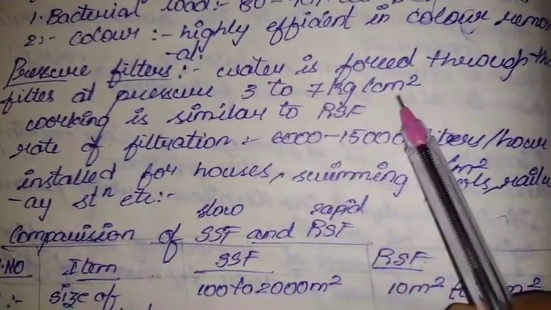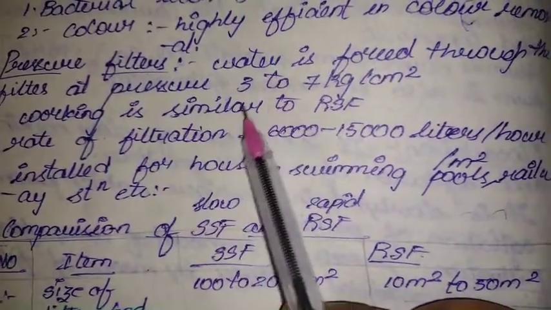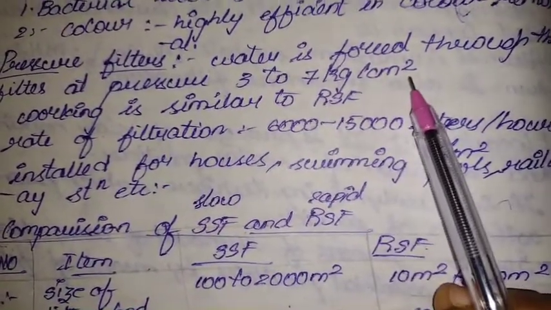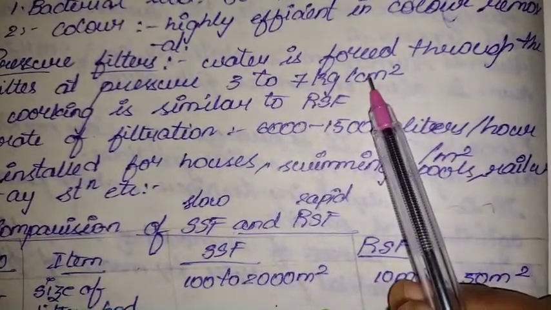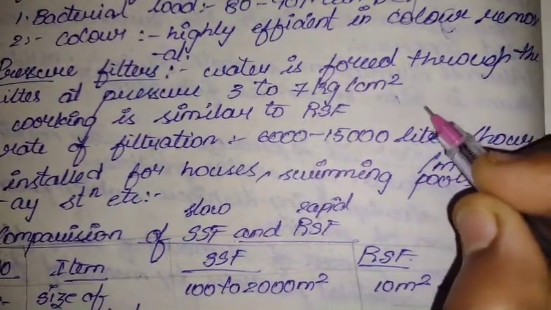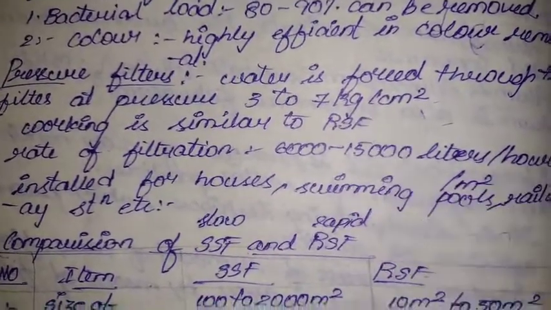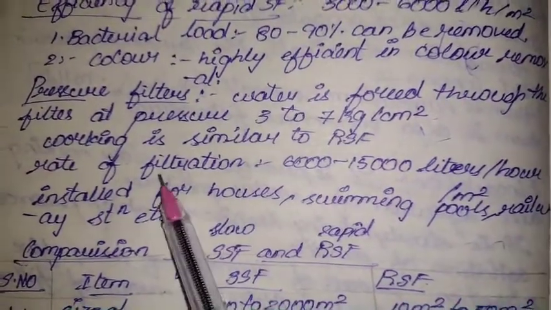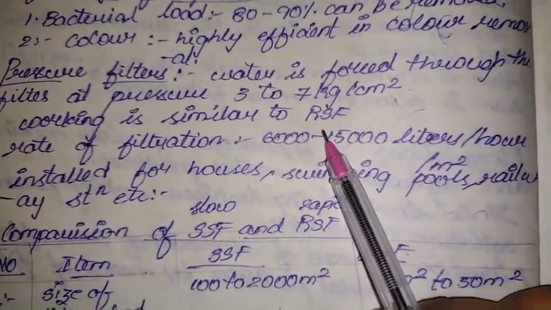Here the water is forced through the filters at a pressure of 3 to 7 kg per centimeter square. For a centimeter square area, we are applying 3 to 7 kgs. And the working is similar to rapid sand filters.